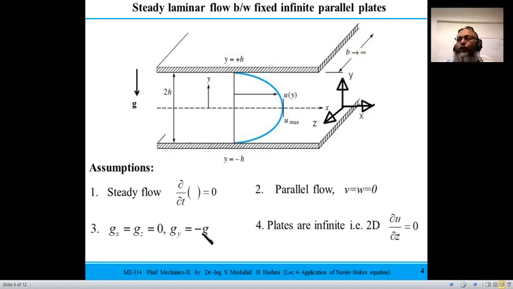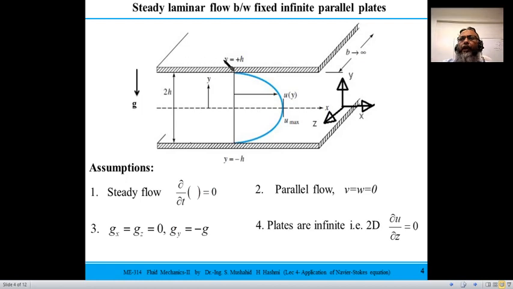The fourth assumption: since we have assumed that the dominant direction of fluid flow is x, as far as the velocity component in x is concerned, there is no variation taking place in the z direction.